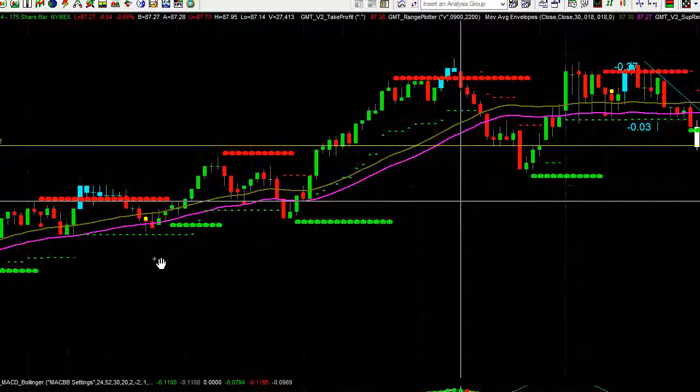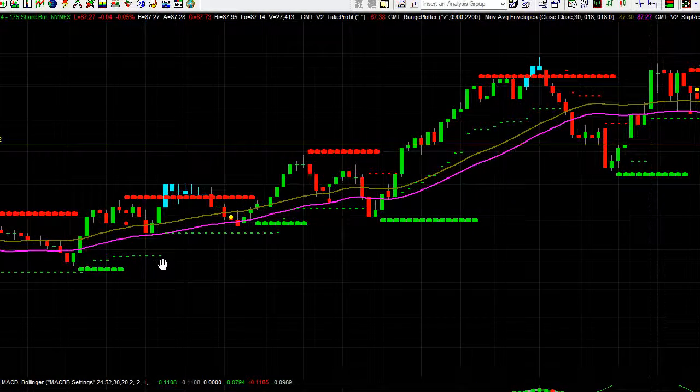Now, the bars that we want to be able to eliminate from our testing, or at least test separately, are these. You'll be able to test the cycle trader based on entry.